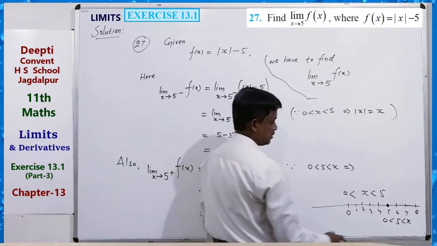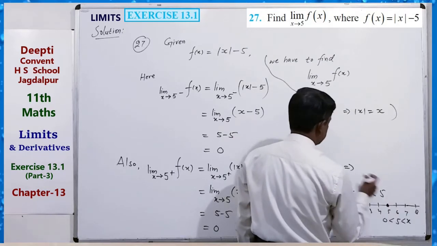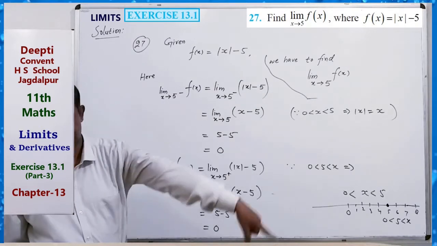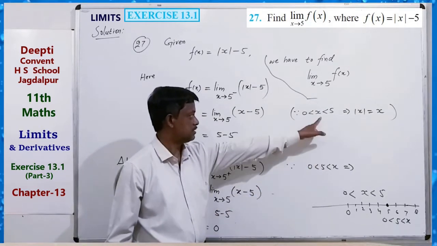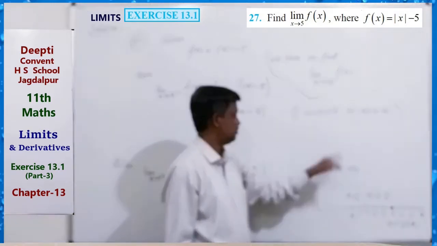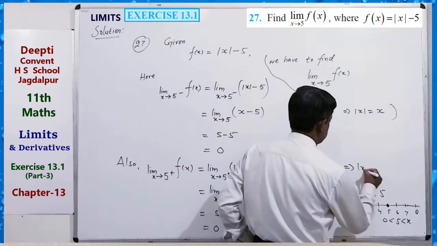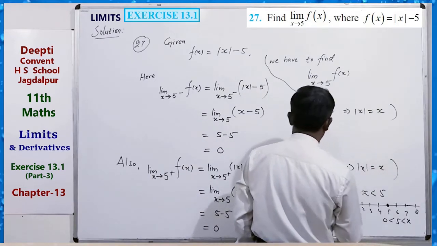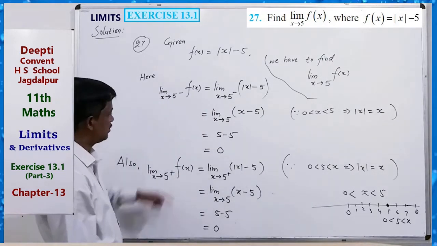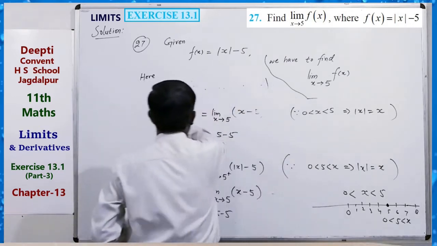Here you can give the logic: 5 is greater than 0 and our x is greater than 5 because on the right hand side x is greater than 5. Here x less than 5, but 5 greater than 0, so x greater than 0. So mod x equals x. So using this logic we can get like this. The left hand limit and right hand limit are equal, both 0.